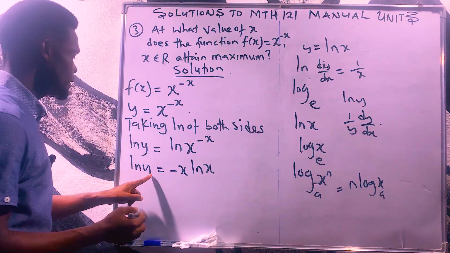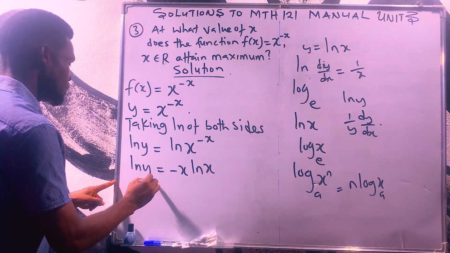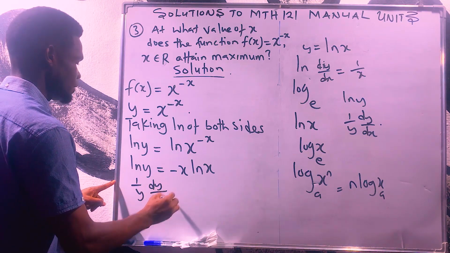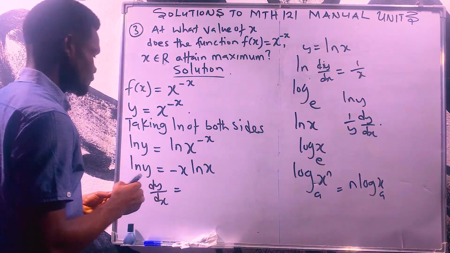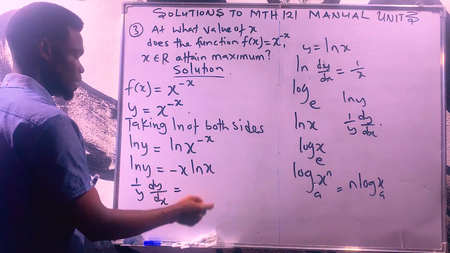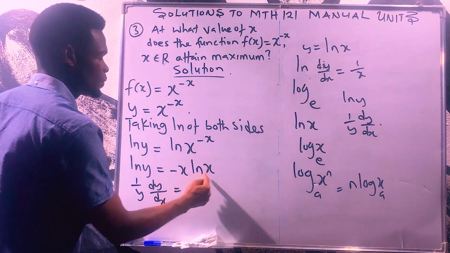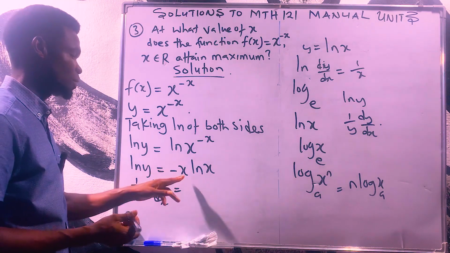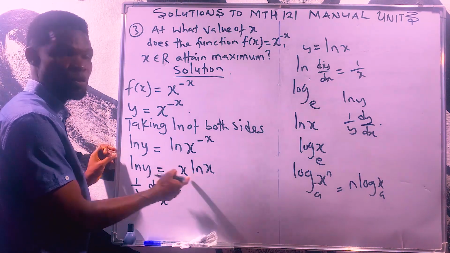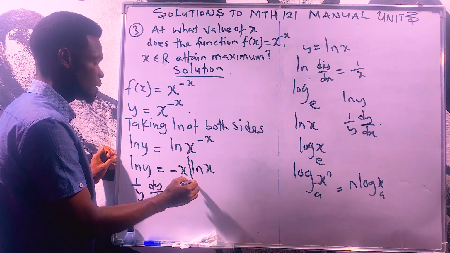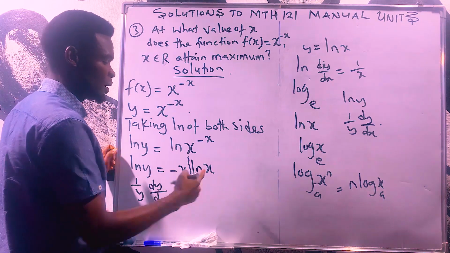The derivative of ln y is 1 over y dy dx, which is equal to the derivative of minus x ln x, which is a product function. This can be split into two, minus x and ln x.